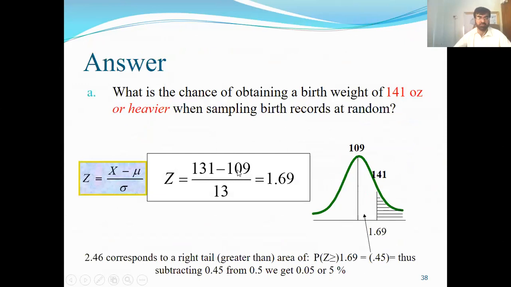This is the z-score for 141, and above 141, what will be the percentage? The z-score is 1.69, and at 1.69 the area is 0.45. You have to subtract this 0.45 from 0.5, and that gives this area, which becomes 0.05 or 5%.